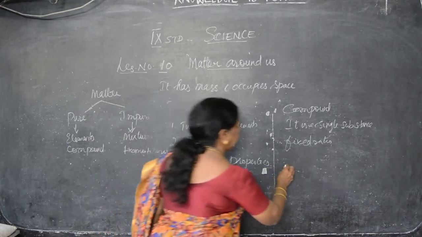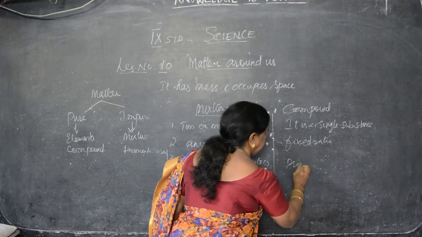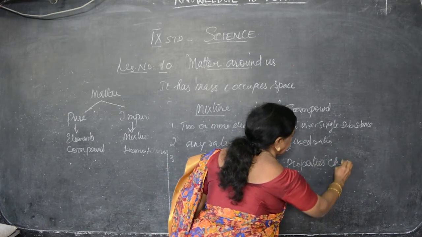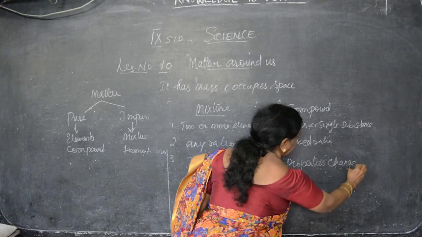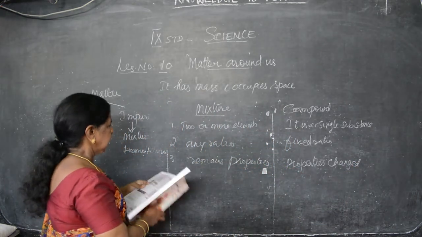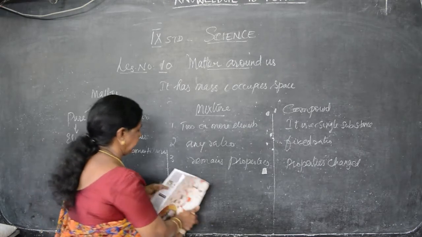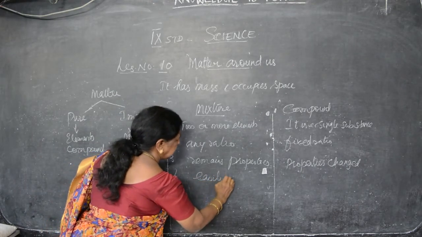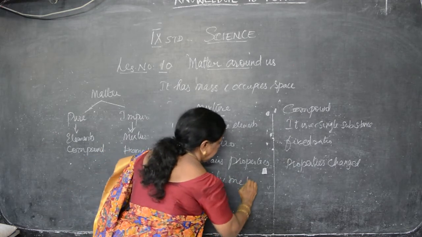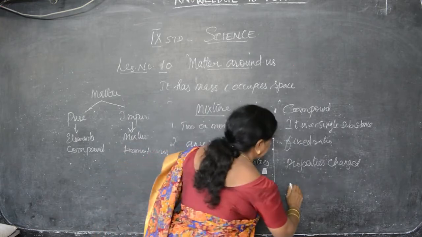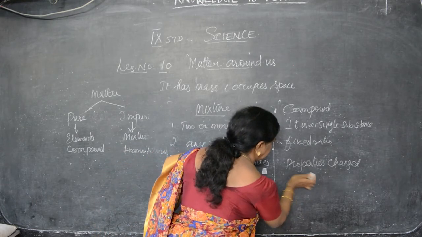Here, the properties are changed. Mixtures can be separated by easy methods. Compounds cannot be separated by simple methods.